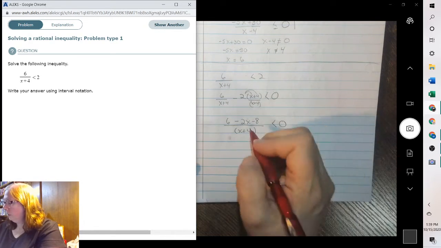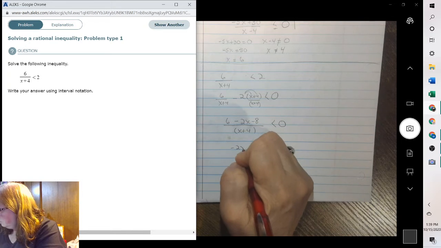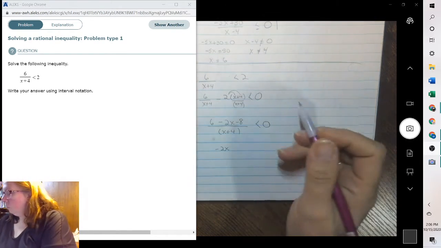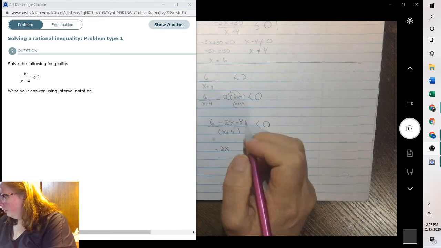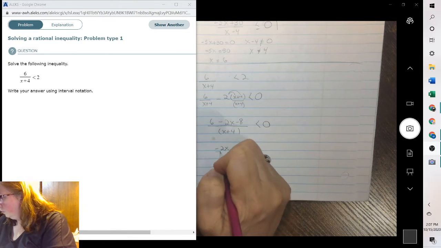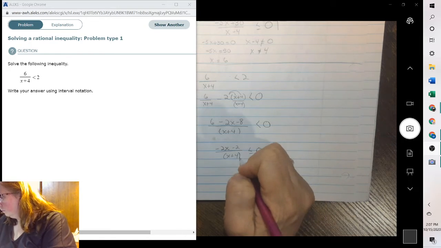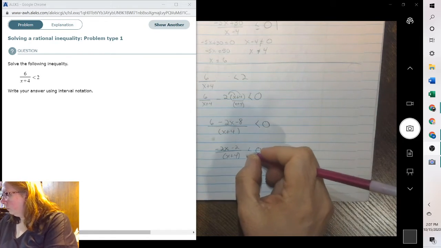And then we set negative 2x, hold on one second. So we're combining on the top, we have a negative 2x minus 2 over x plus 4. Just less than equal.